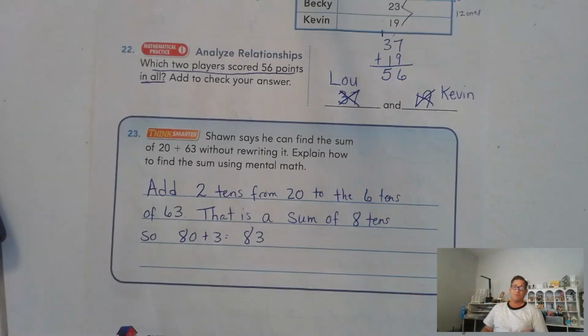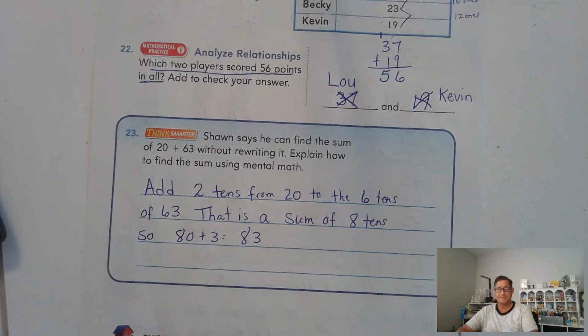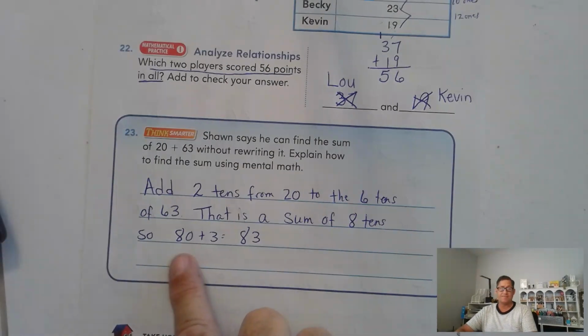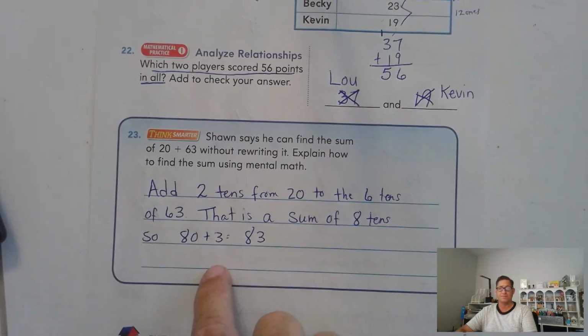So if you add 2 tens from the 20 to the 6 tens from 63, that's going to be a sum of 8 tens. 6 tens plus 2 tens is 8 tens. 8 tens is worth 80, so 80 plus the 3 ones in 63, 83.